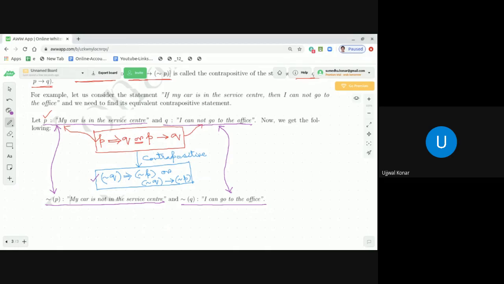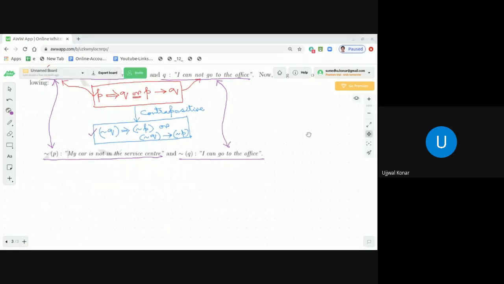Isn't it, dear students? So the contrapositive statement of the given statement is that if I can go to the office, then my car is not in the service center. I hope you got a very clear idea about it.